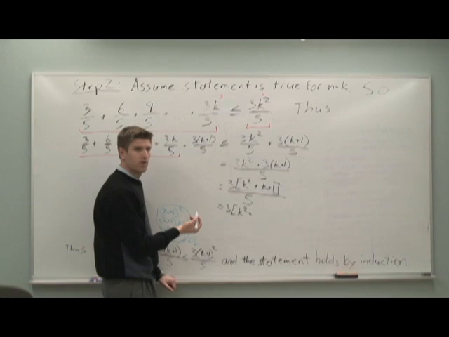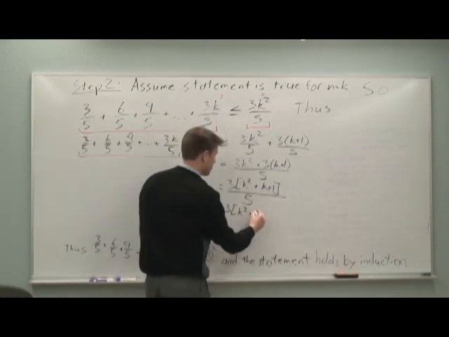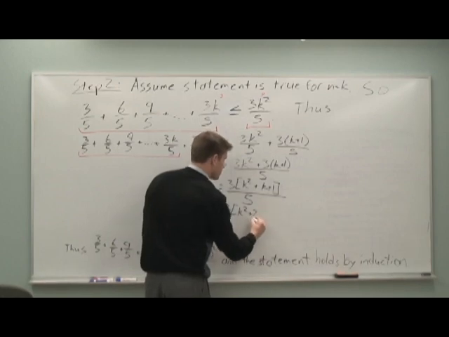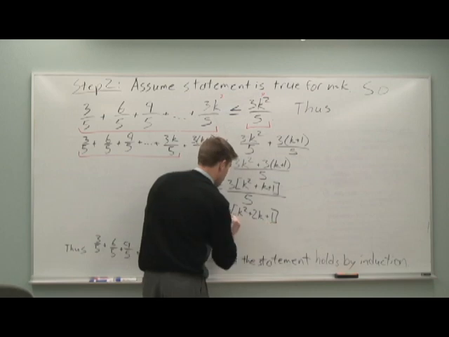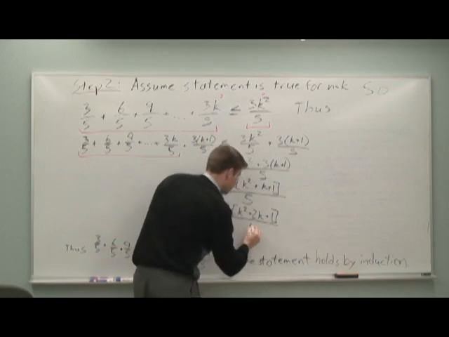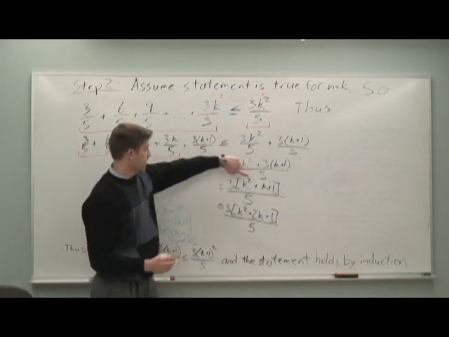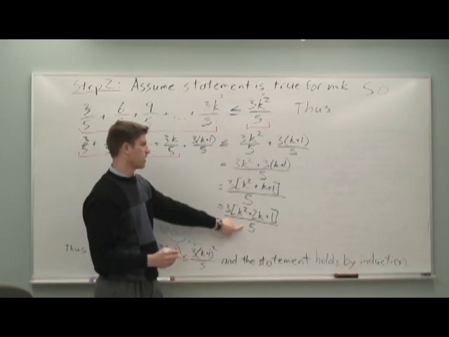What principle allows you to add another k? So maybe I should just write in 2k plus 1 there. So certainly this is less than or equal to that.